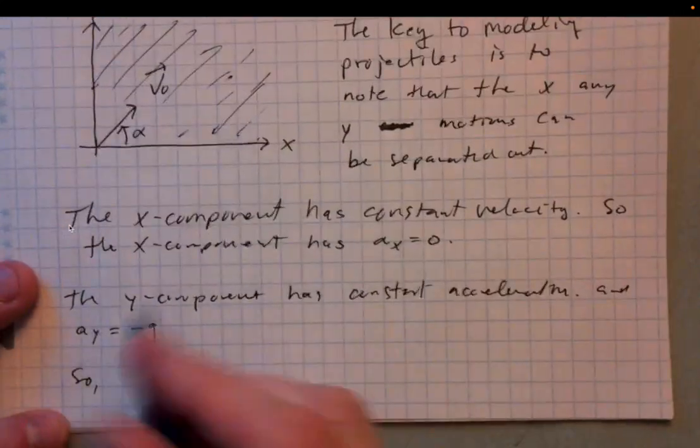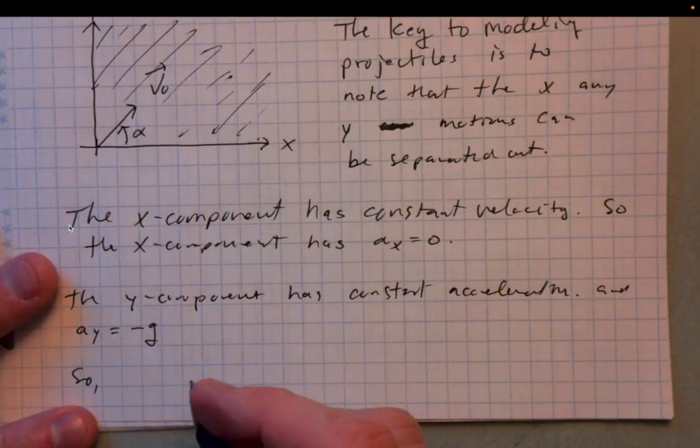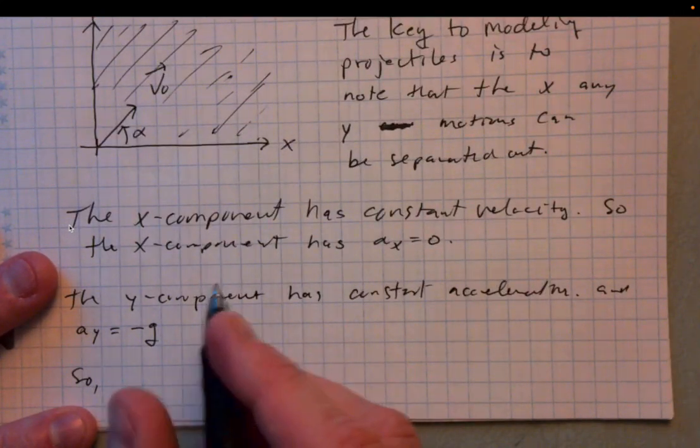So kind of to summarize, let me flip pages here. So the horizontal motion is constant velocity.